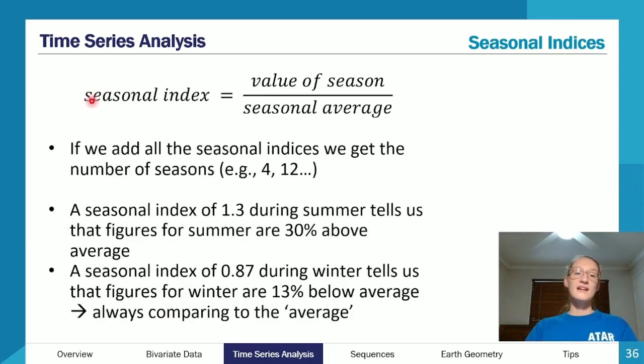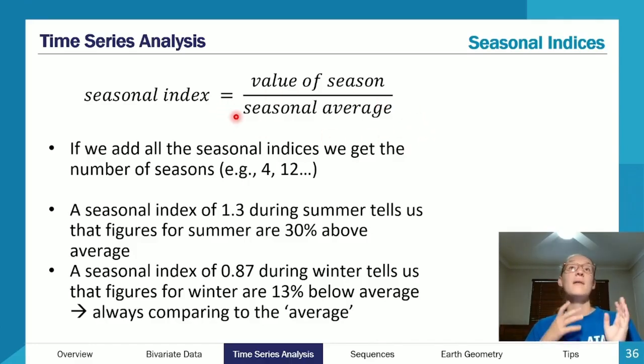This is our formula to calculate the seasonal indices. The seasonal index, that number, will probably be around 1, a bit below or a bit above 1. Our seasonal index is equal to the value of the season, for example the number of ice creams sold in summer, divided by the seasonal average.